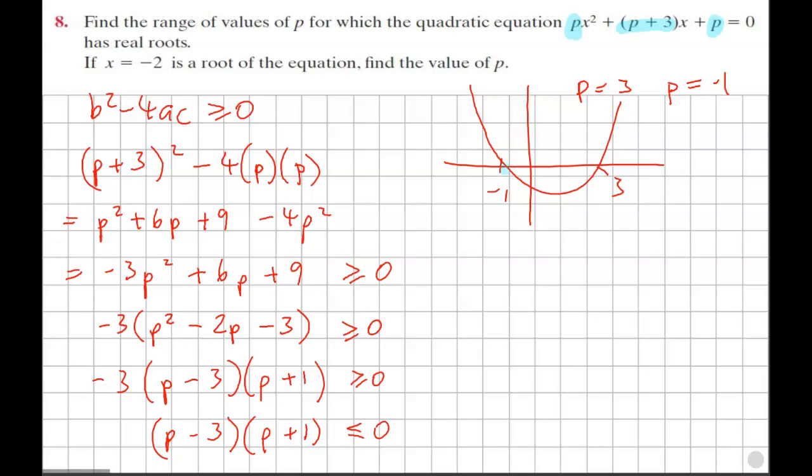So what we're talking about is this bit below the x-axis. So the values that fit the criteria are the values between -1 and 3. So we have a solution of p must be greater than or equal to -1 and less than or equal to 3. So that's the range of values that fits that criteria.